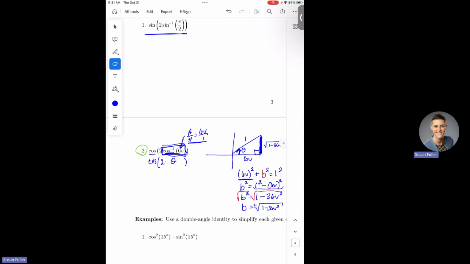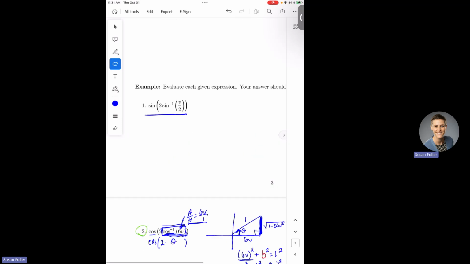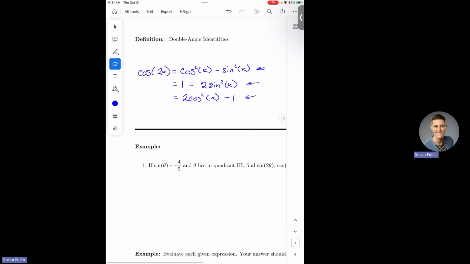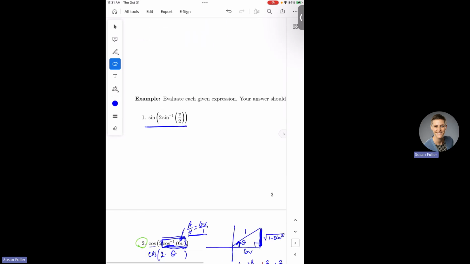So if I'm doing the cosine of 2 theta, we can really use any version of this that we would like. We used the top version in class, the cosine squared of x minus sine squared of x on the previous problem. So I'll pick one of these two other ones. How about I'll just do the bottom one, 2 cosine squared of x minus 1.